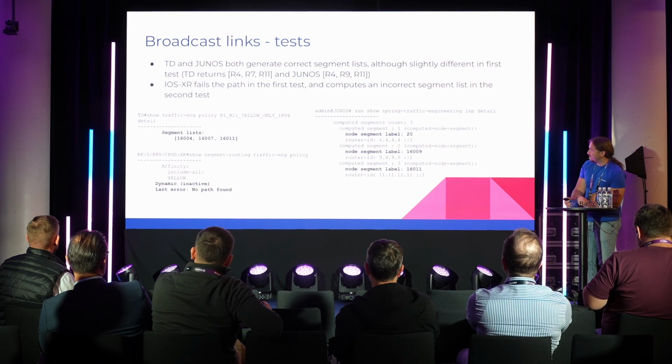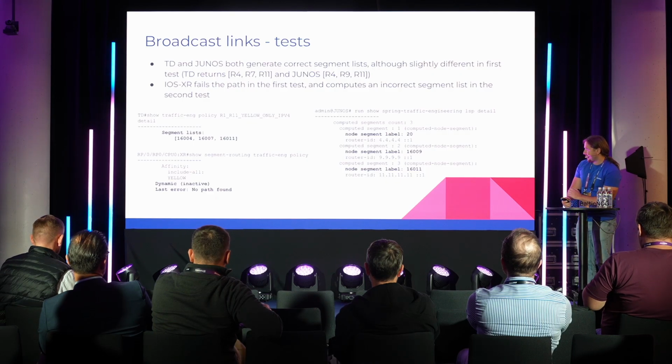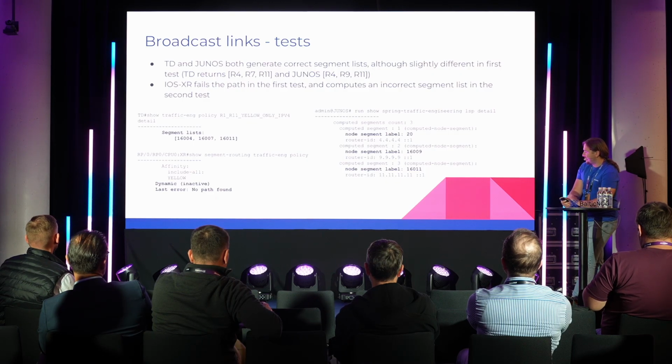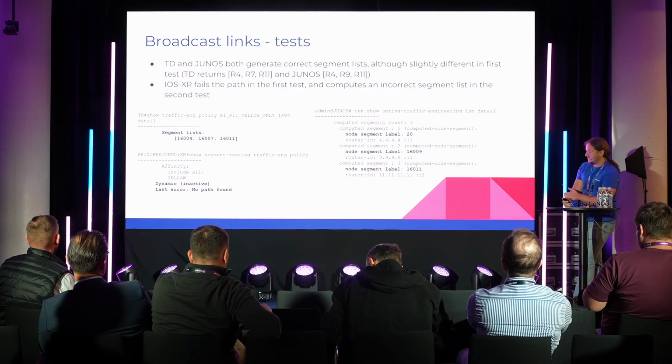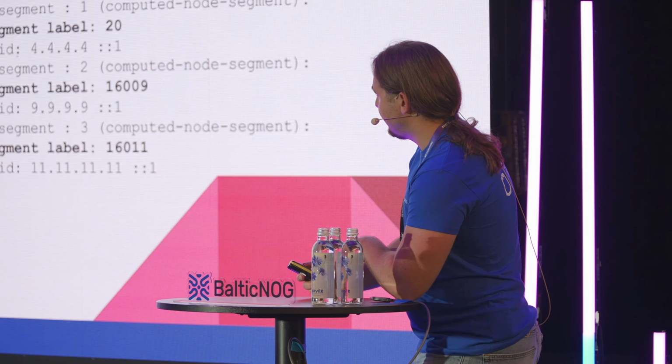So here we see output from Traffic Dictator and from Juniper. It's interesting that they're different. They're different labels, but they're both correct. Apparently the algorithm in Juniper is different from what I implemented, but both will result in the same traffic steering. Cisco doesn't work with broadcast links, doesn't support it, unfortunately.